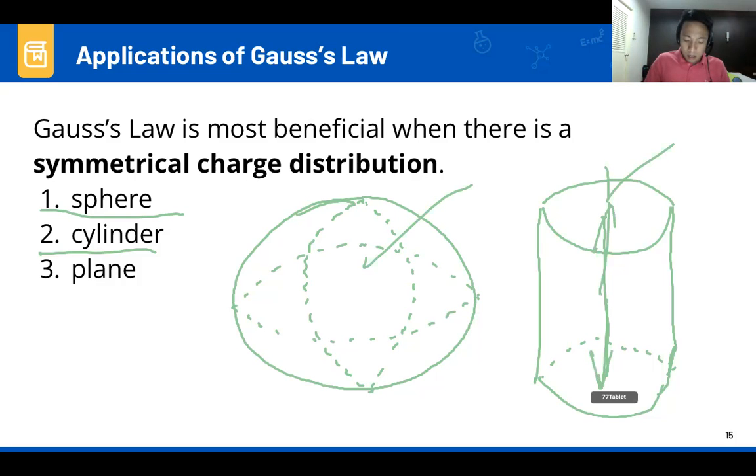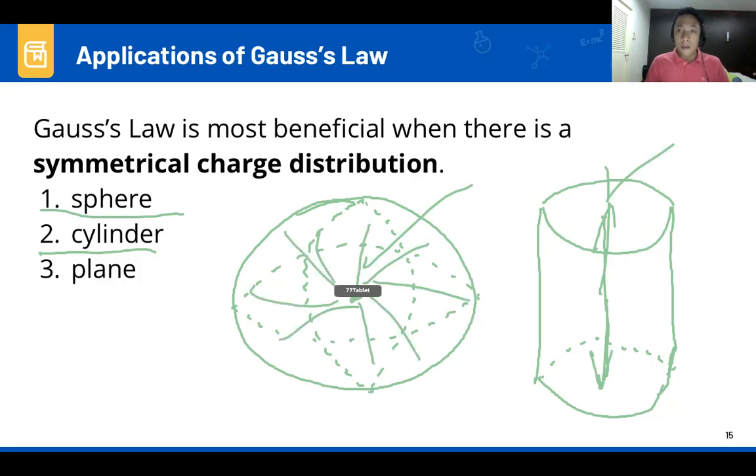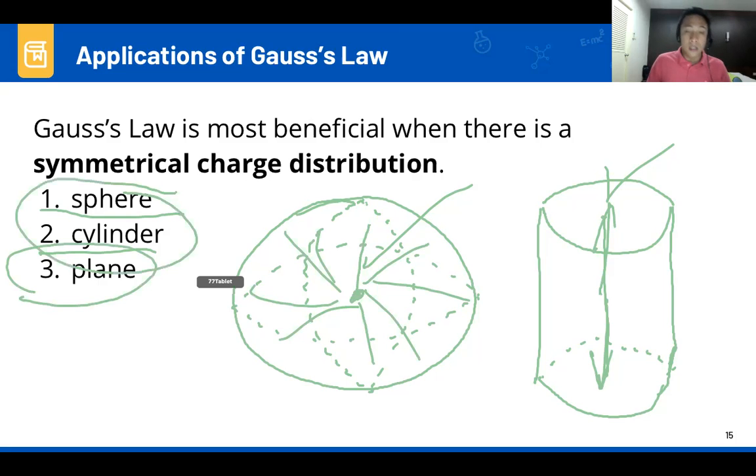If the charge is at the center and if one moves out, they are all the same. That's what we call symmetrical charge distribution. And also this one is for the plane or the planar, and we already know that is about the electric flux. So we will concentrate only on these two, the sphere and the cylinder.